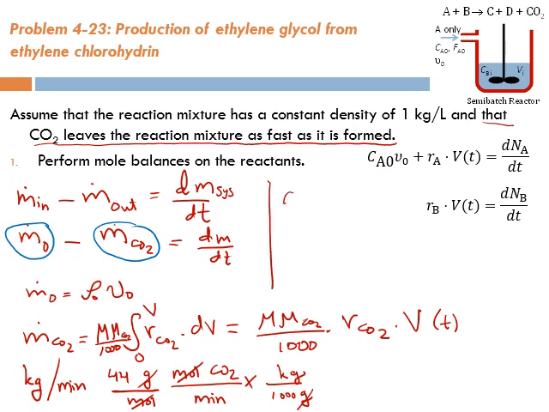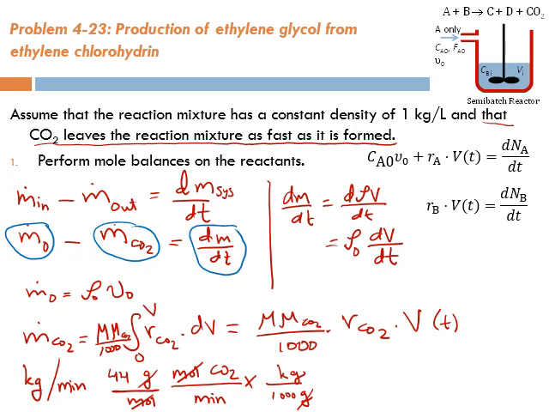Okay, so dm by dt, of course, will be d of rho times volume by dt. Assume the density of the reaction mixture is constant, so rho goes outside, and we have dV by dt. Then we can assume also, as I said, that rho is constant, so rho equals rho naught. And then we now have an equation for dm by dt as well.